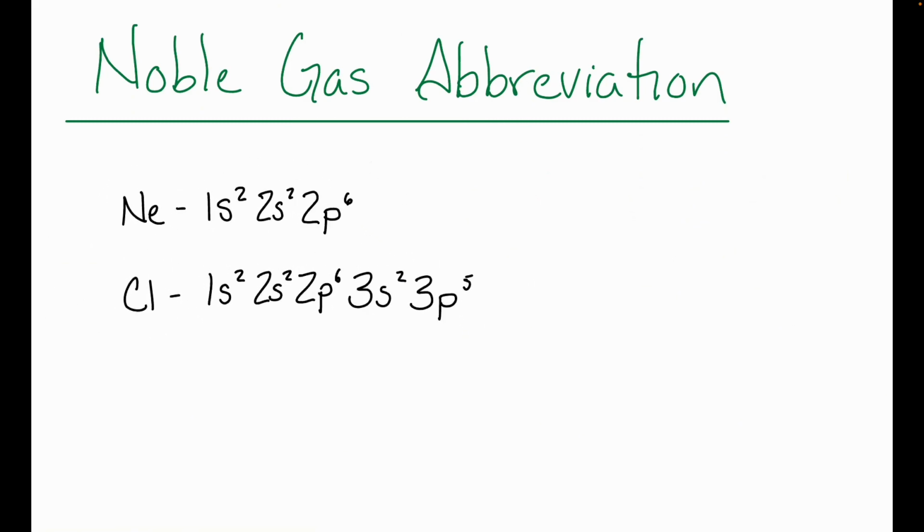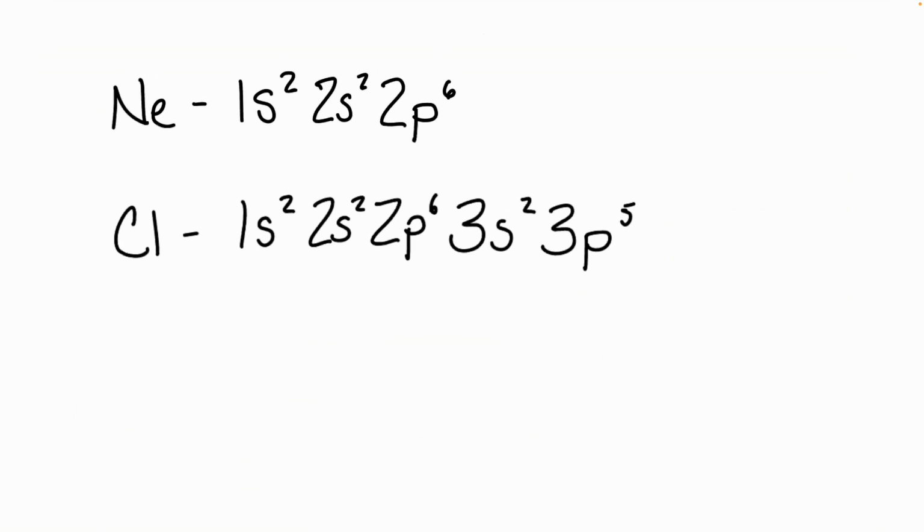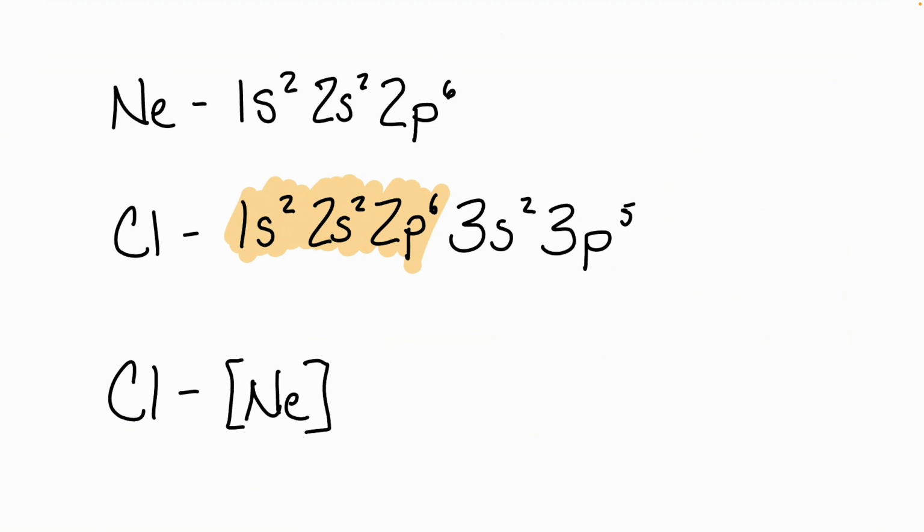Since the larger elements contain the electron configurations of all the smaller ones that came before it, if we look closely, we see that this portion of chlorine's electron configuration is an exact match for the electron configuration of neon. So what we can do for our chlorine electron configuration is summarize it by saying chlorine's electron configuration is whatever neon's is, insert neon's electron configuration here, followed by this extra bit. So it's neon's plus the 3s2 and the 3p5.